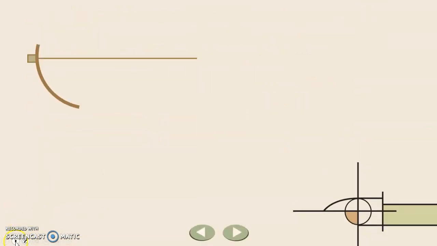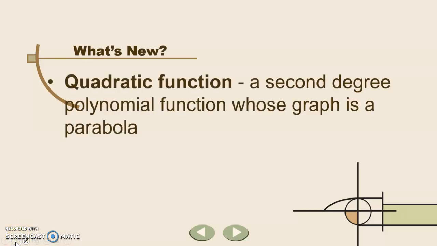So now that all that review is under our belt, what's new? Well, in this chapter, we are going to be looking at quadratic equations, so you'll need to know what a quadratic function is. Now, the definition I'm giving you here is not the formal definition. We'll get to that later. But basically, what you need to know about a quadratic function is that it's a second degree polynomial, which means we're going to have that x squared term in there.